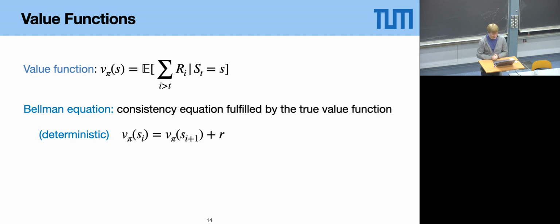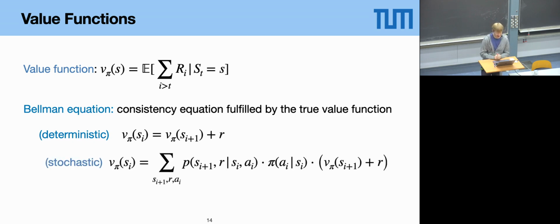As I said, by definition, values are all the future rewards, and this just splits that up into the next reward plus the sum of all rewards after that. So as I said, it's a consistency equation. When things are stochastic, it's a little bit more complicated, but it's the same idea. What can be sources of stochasticity?